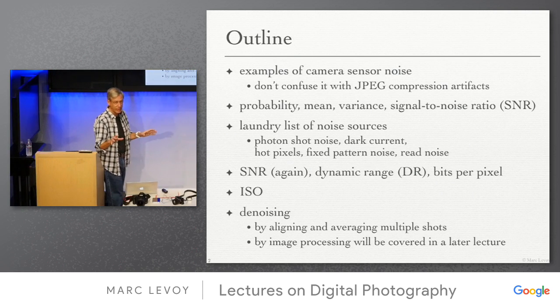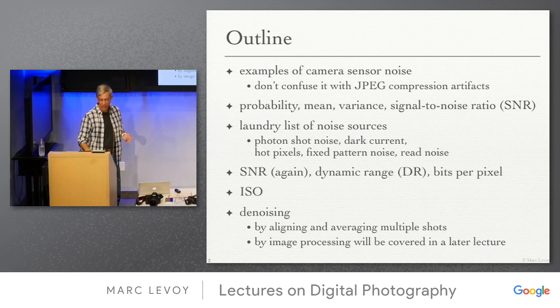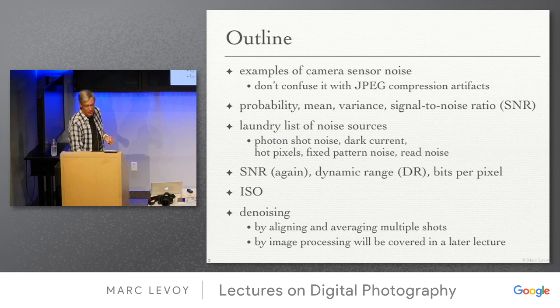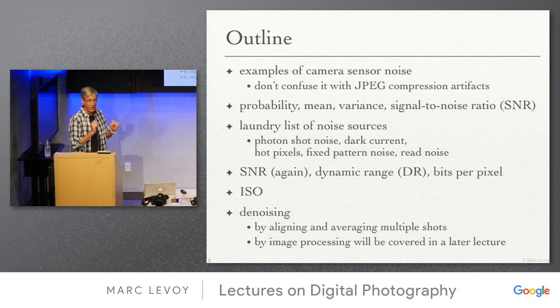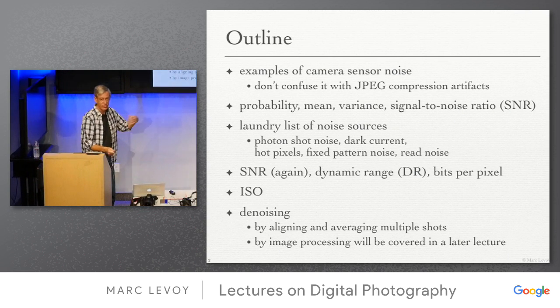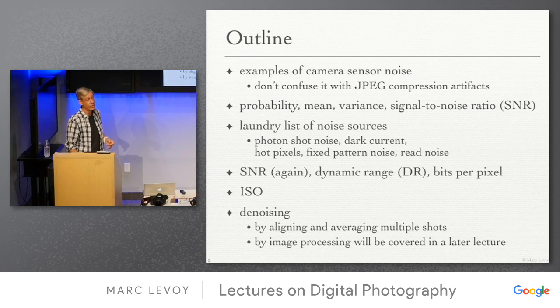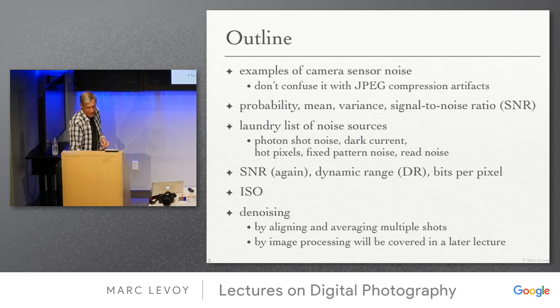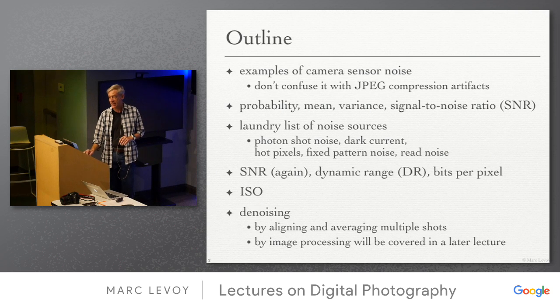Once kind of qualitatively, and then we'll list all the different kinds of noise sources, and then I'll do it again, and we'll get very specific as to which sensors have which kinds of noise and which ones hurt you under which shooting conditions. And ISO is gain, and we'll look at how that affects things. And then there are multiple ways of denoising. We'll talk mainly about those later on in the lecture.